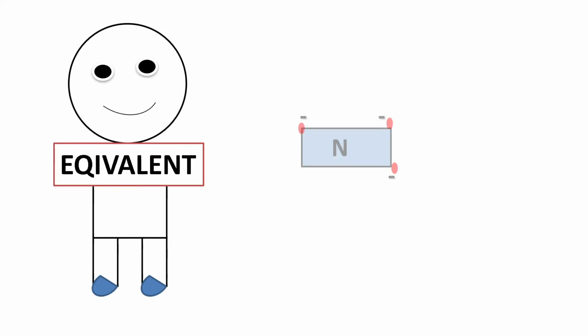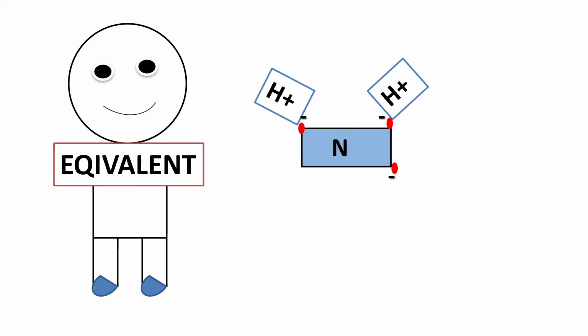Let us take the example of a nitrogen ion. Nitrogen is a trivalent ion. It will accept 3 positively charged ions to neutralize it. In this case, 3 hydrogen ions, which are positively charged ions, have neutralized nitrogen to form 1 ammonia.